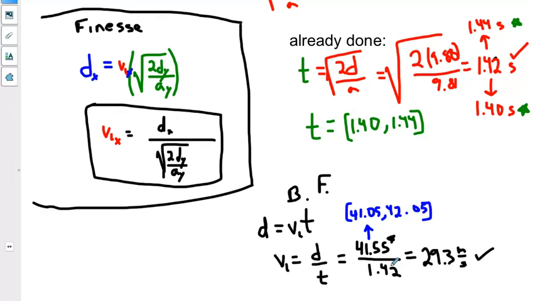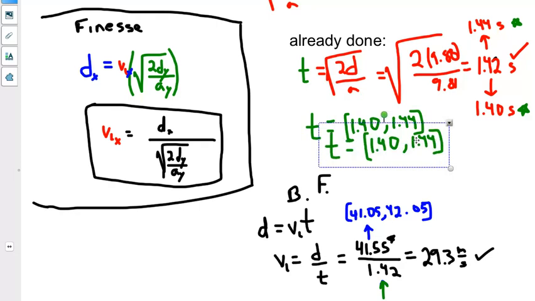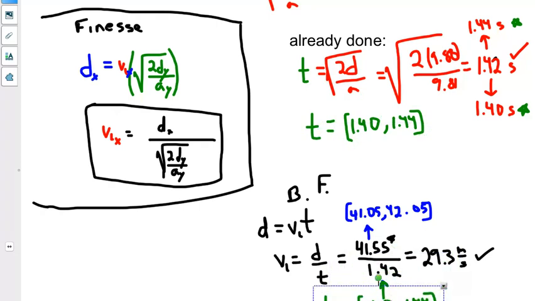Then is the time automatically 1.42? Well, no. We just discovered that the time was anything between 1.40 and 1.44. Did we find that out substituting 9.80 with plus or minus 0.3 meters?